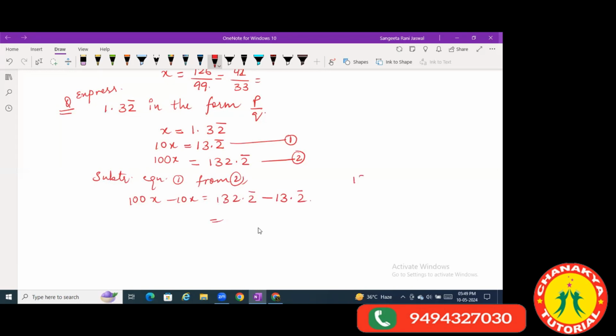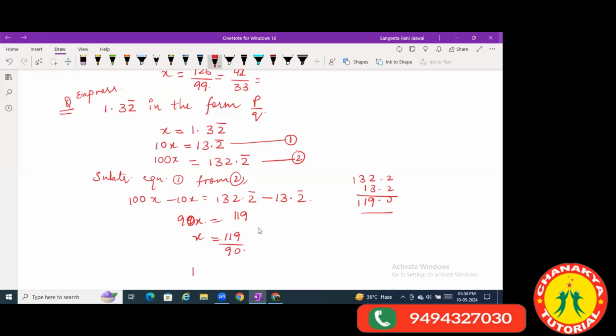So I just have 132 minus 13, which is 119, and on the left it is 100x minus 10x, which is 90x. So here my x will be 119 by 90. Now if we can reduce it to any lower form, you can try, otherwise leave it like this. This is your answer.